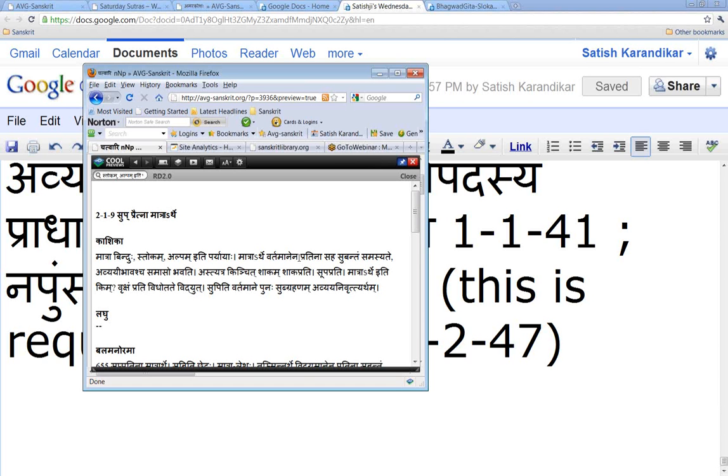So this is not really an adverb anymore. Supa prati: a small amount of soup is here. So this pada has come to Uttara Padam now, because Prati has become Uttara Padam.